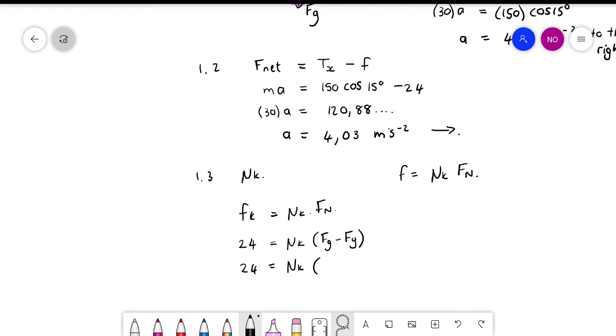Fg is 30 times 9,8. Fy is 100 times sine of 15 degrees. Onthou ons werk nou met sin, want ons werk nou met die y-komponent.